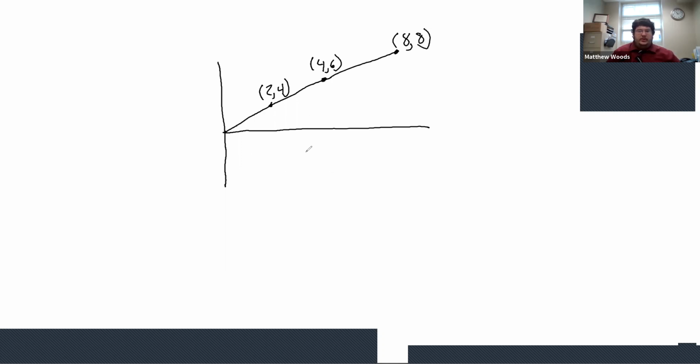So let's say this is a function that models, it could model anything, but let's say it's going to model gas used on the x, and let's say it's mileage on the y.